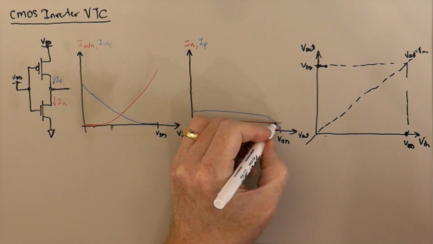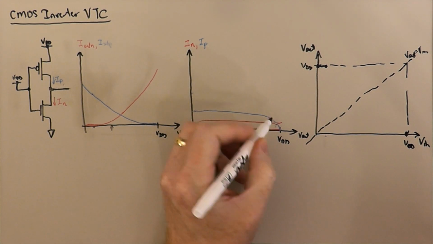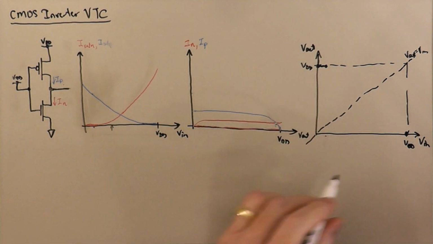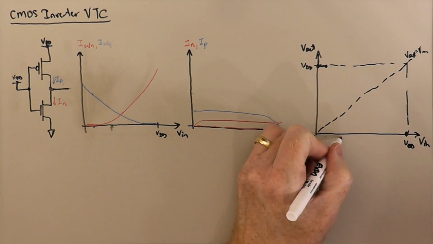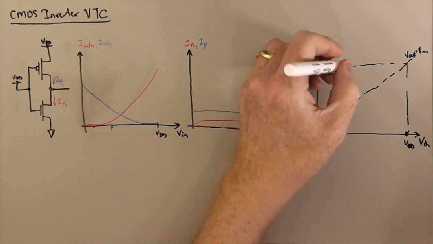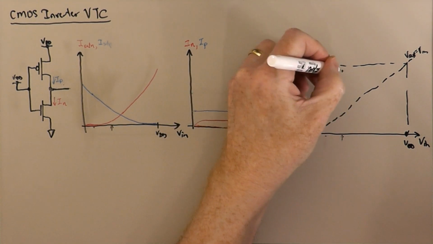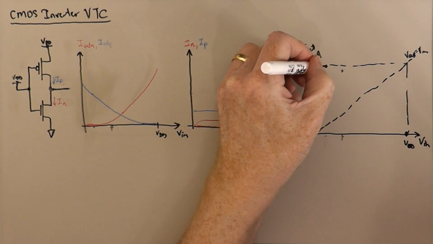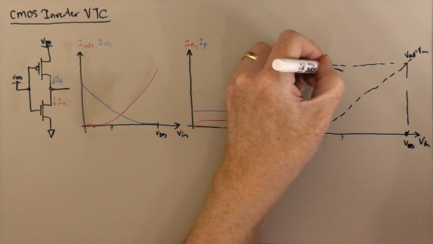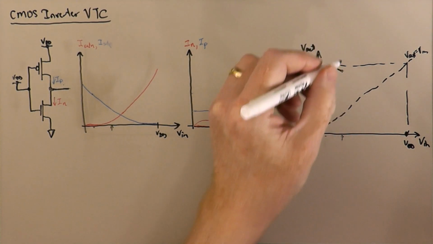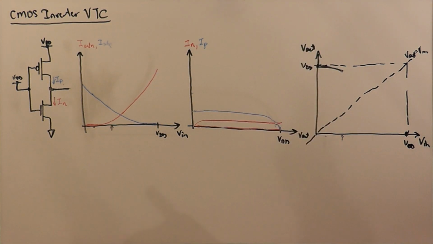So now we've moved down away from VDD a little bit, and we're maybe out to here on the gate. So that's going to be maybe something like that. So we're coming down off of VDD, but it took us a while to get there.